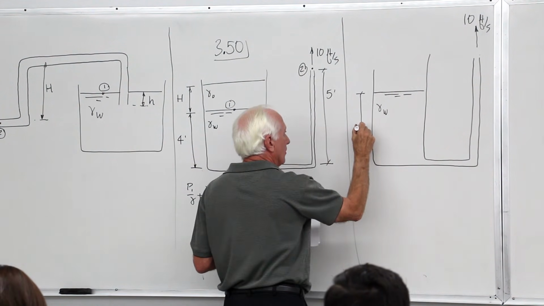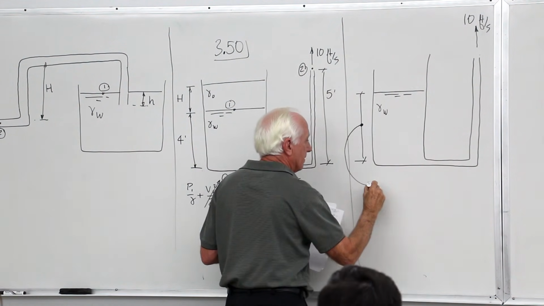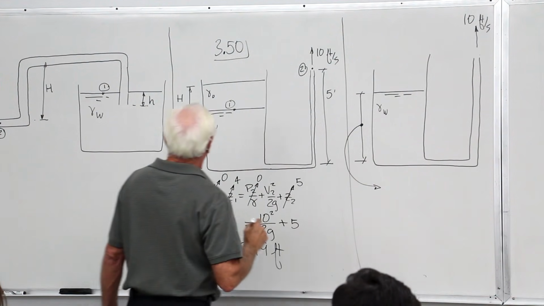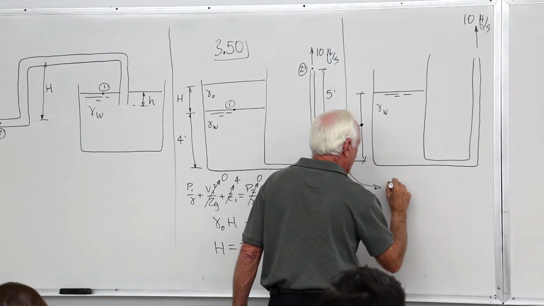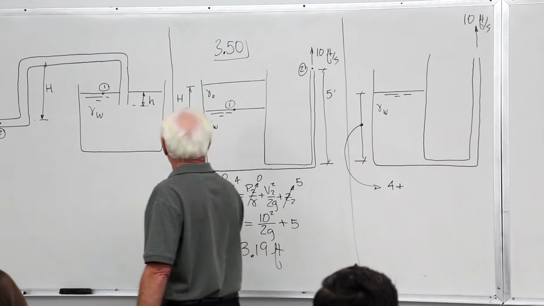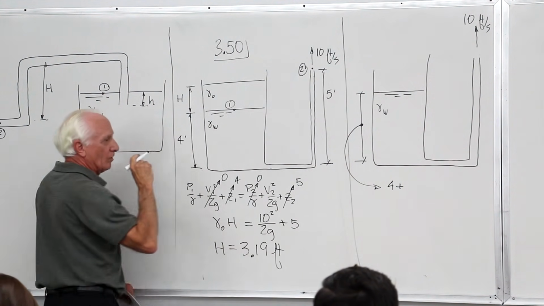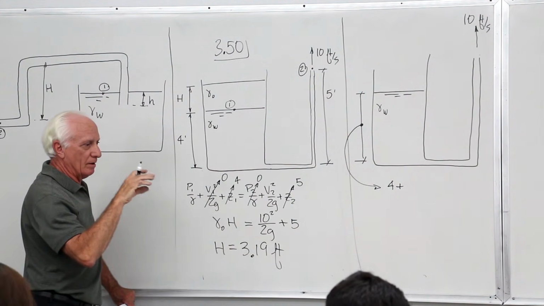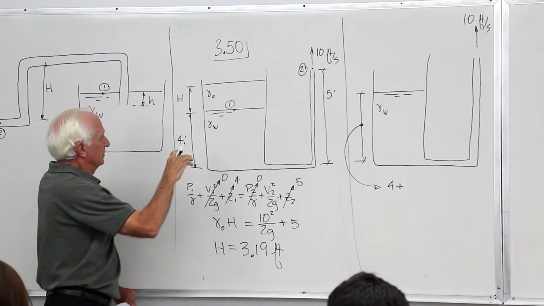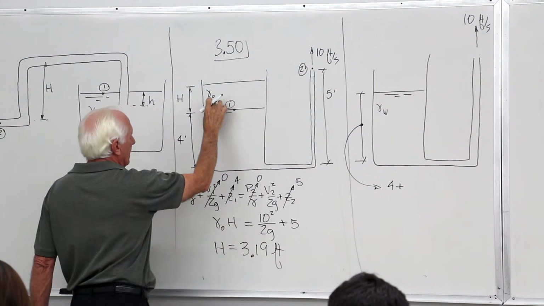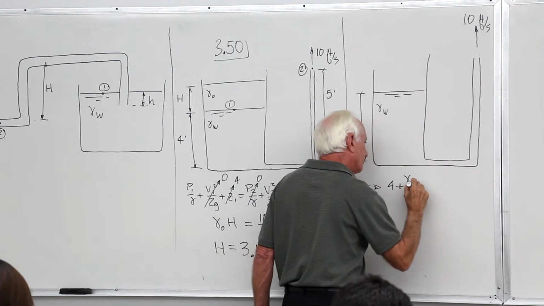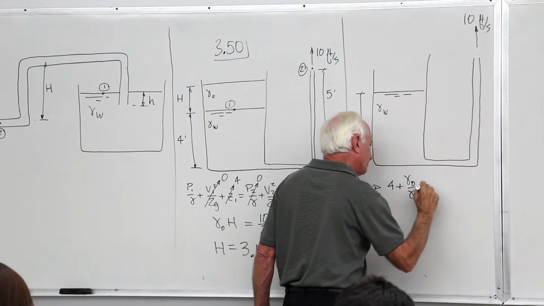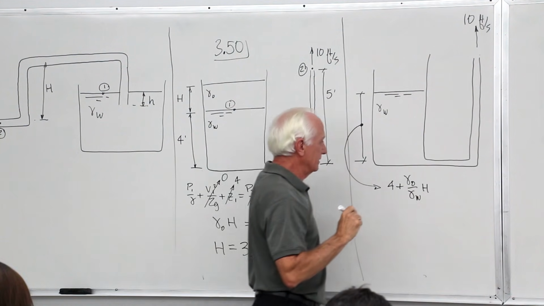I'm going to show you what that is. It's 4, plus, now don't forget, when we get the oil up, we're going to replace it with an equivalent layer of water. So we take the ratio gamma oil over gamma water times H. There it is.